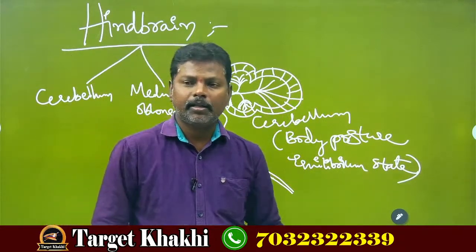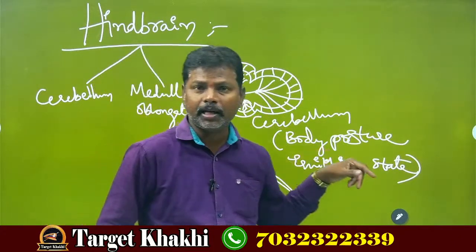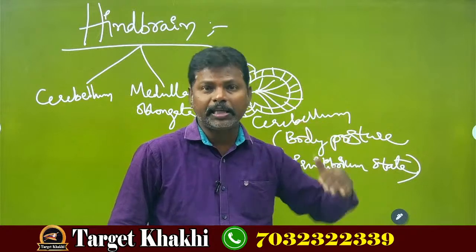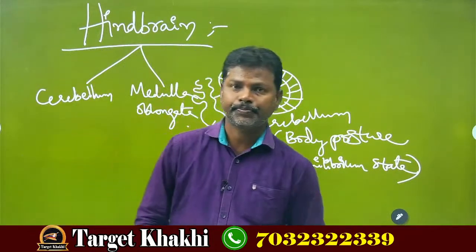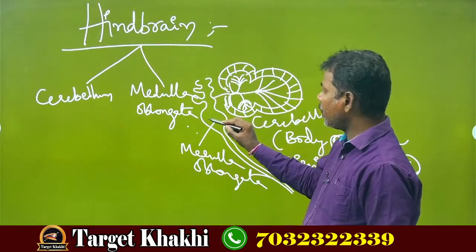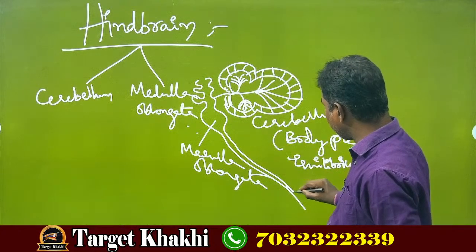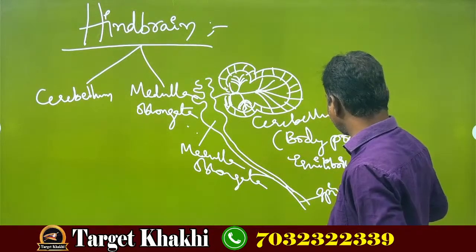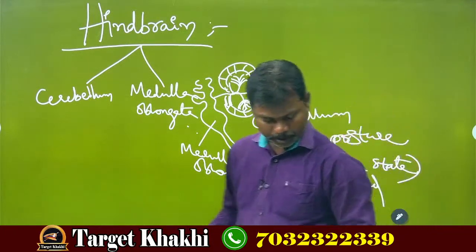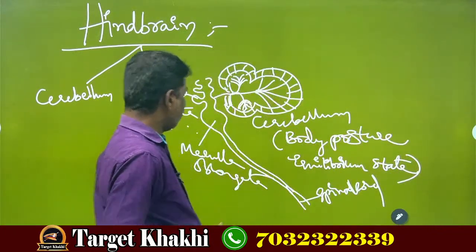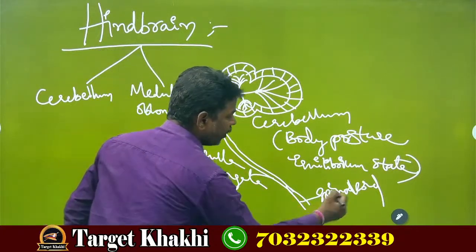Medulla oblongata is present below the cerebellum. It is the last part of the brain, and it extends like a spinal cord.